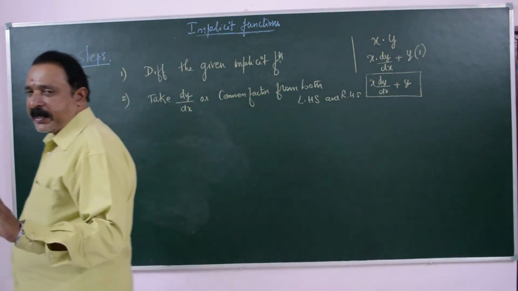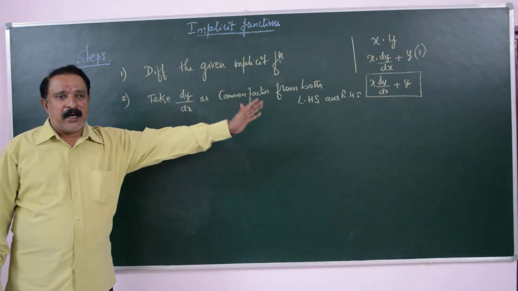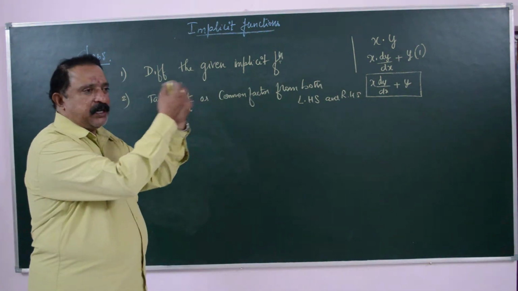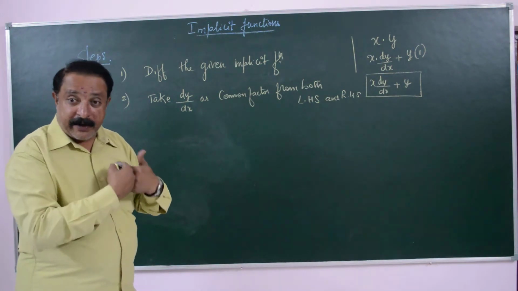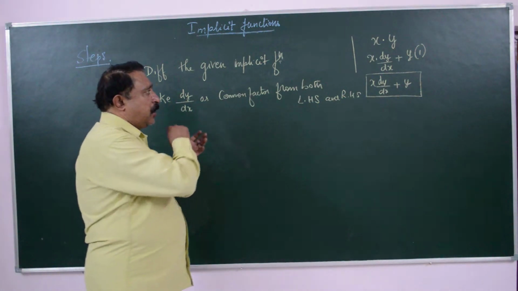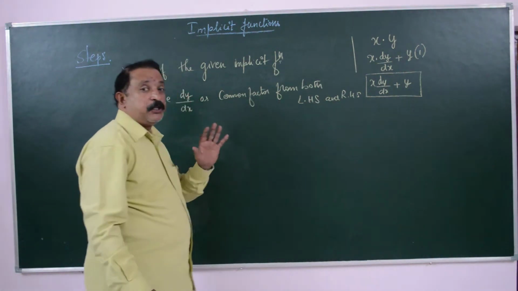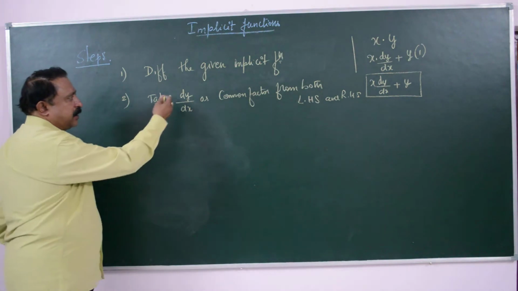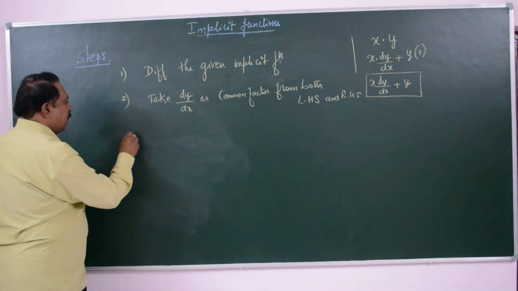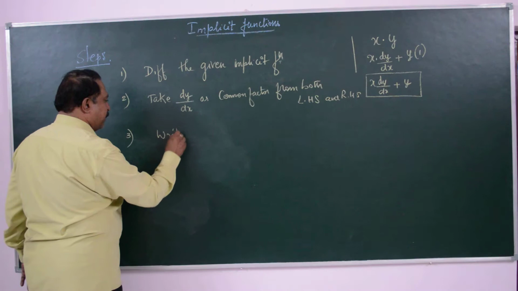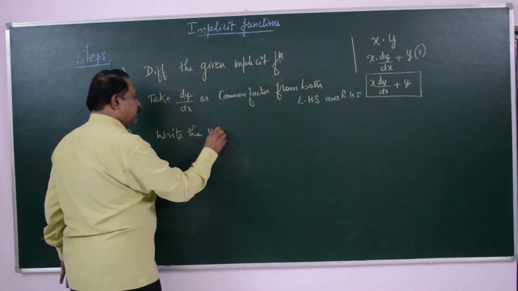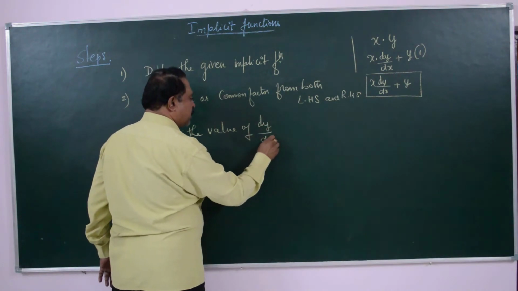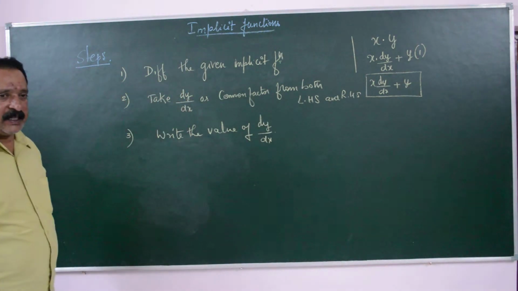So you may have some dy by dx terms in the left hand side and also dy by dx terms in the right hand side in an implicit function. So what you should do, bring all dy by dx terms to the left hand side, put the terms which do not contain dy by dx on the right hand side, and take dy by dx as common factor, and lastly write the value of dy by dx.